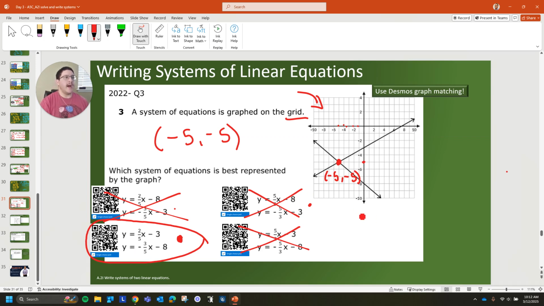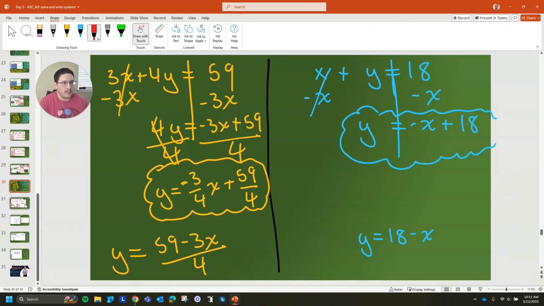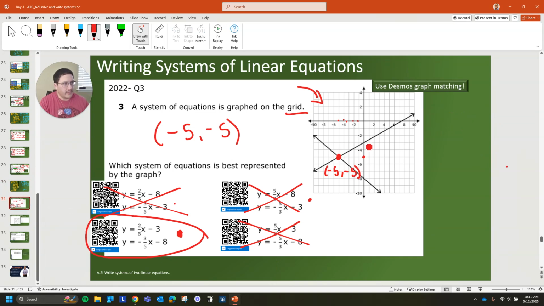Again, we identified the solution, and then we compared each of these graphs to the solution. Otherwise, if they had the same solutions, we would have to check the slopes, the y-intercepts, x-intercepts, all that stuff.